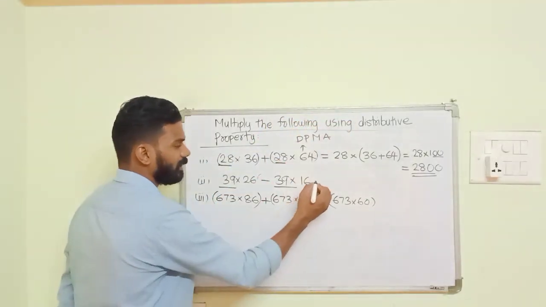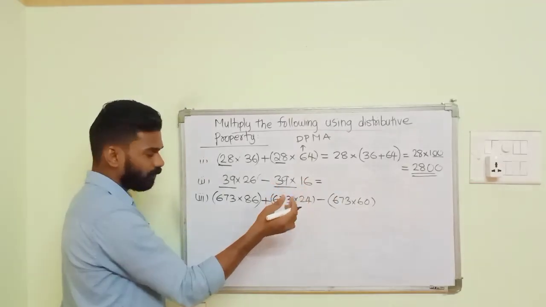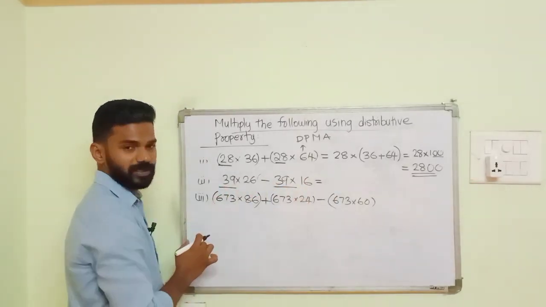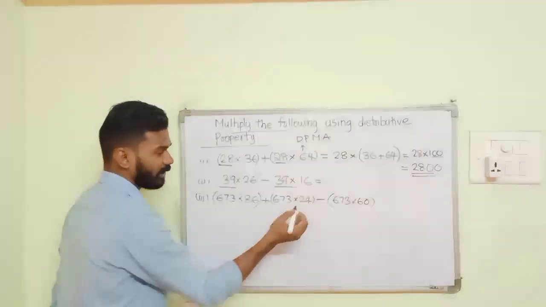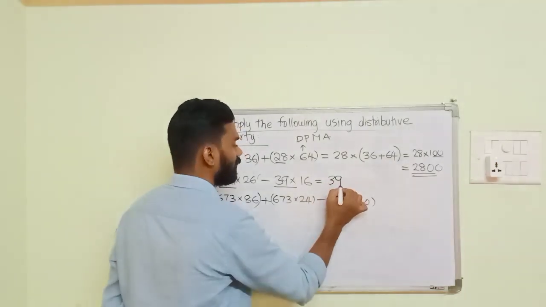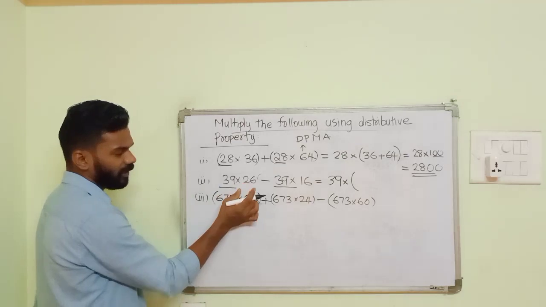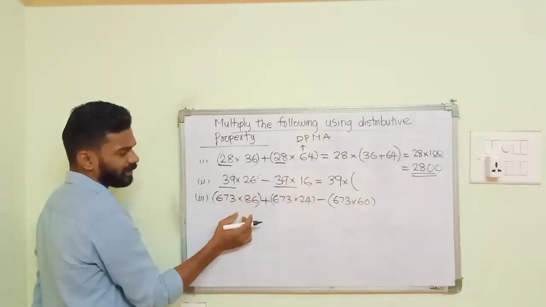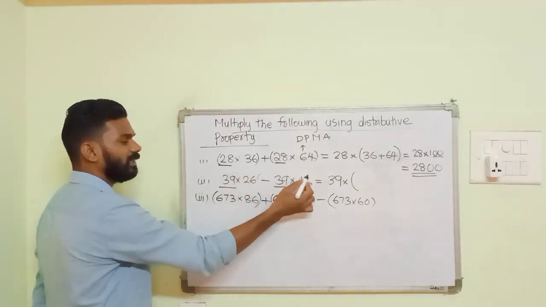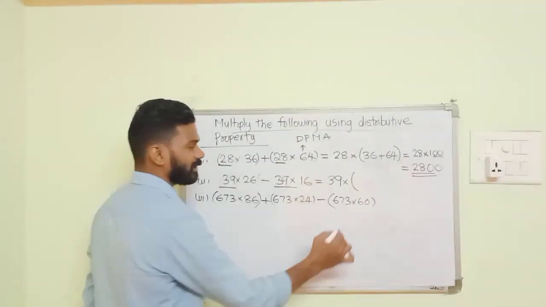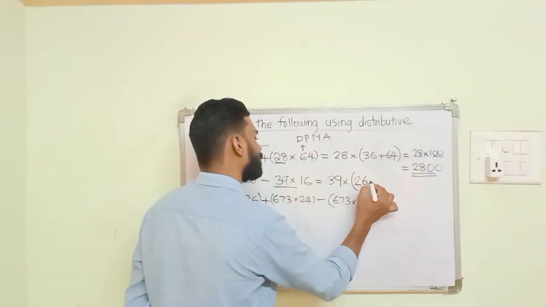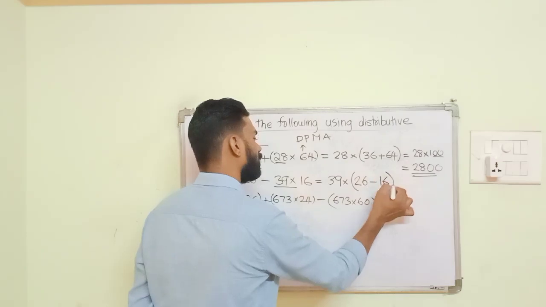How could you write it in short form? This 39 into, which is common or which is distributed, can be written first. 39. Thereafter you will put the bracket in which we need to do a subtraction. Which are the other numbers? 26 and 16. So the subtraction will be 26 minus 16.